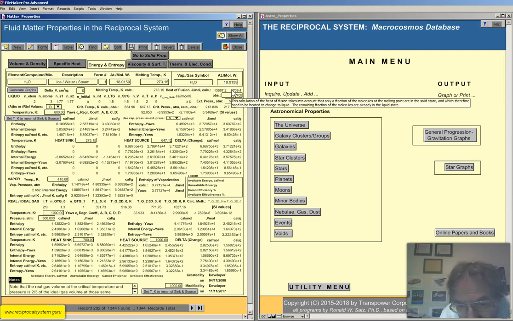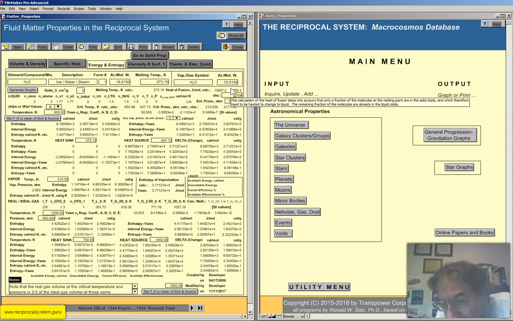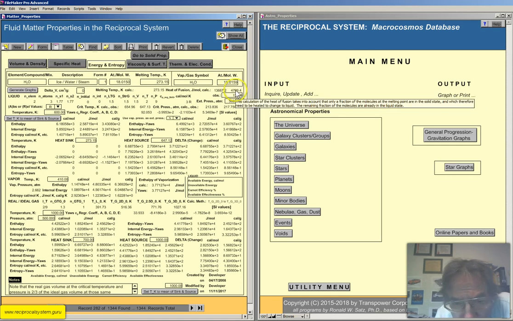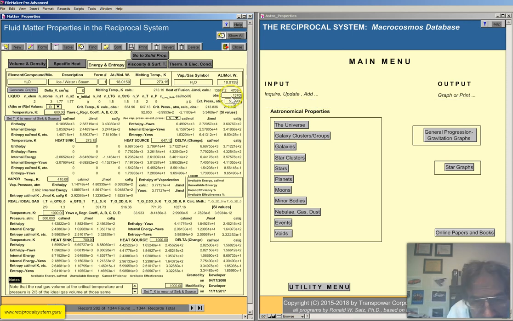This calculation takes into account that only a fraction of the molecules at the melting point are in the solid state, and therefore need to be heated to change to liquid. The remaining fraction of the molecules are already in liquid state. That's the difference. And so here's the observed value. It's pretty close.